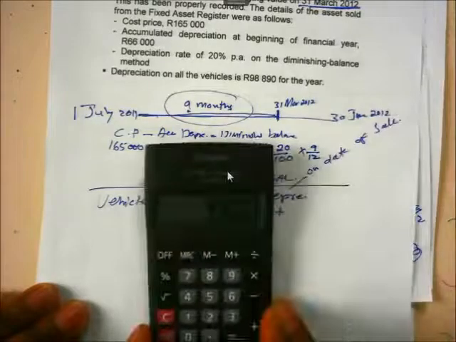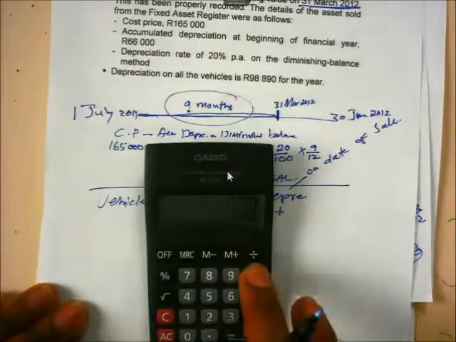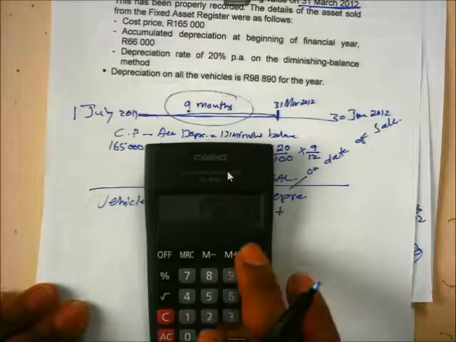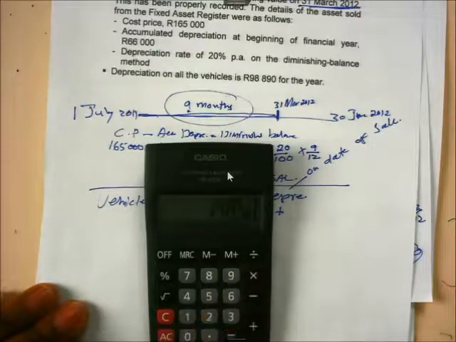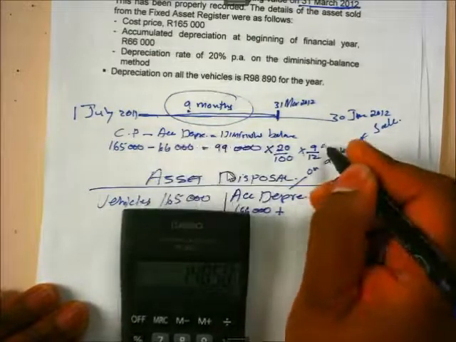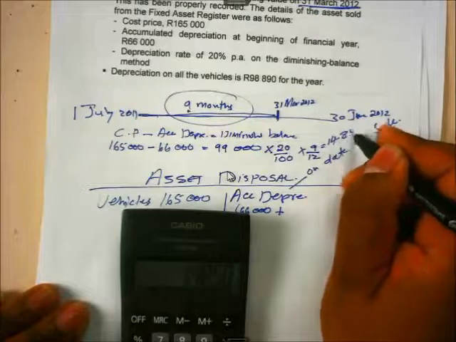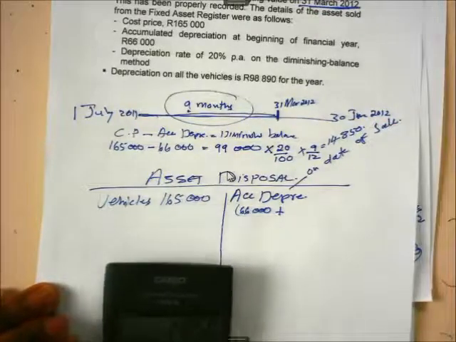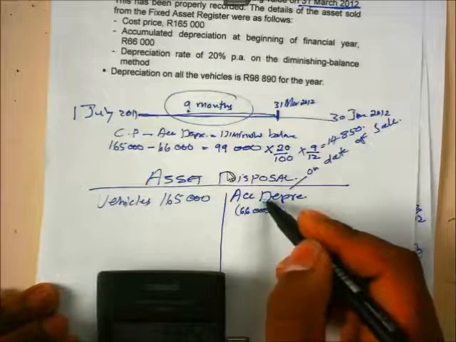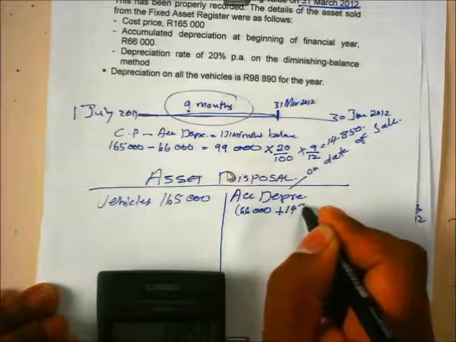So 99,000 multiplied by 20%, multiplied by 9 divided by 12 tells us that the depreciation for the 9 months is 14,850.